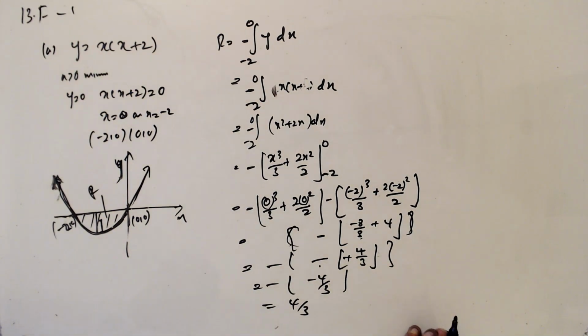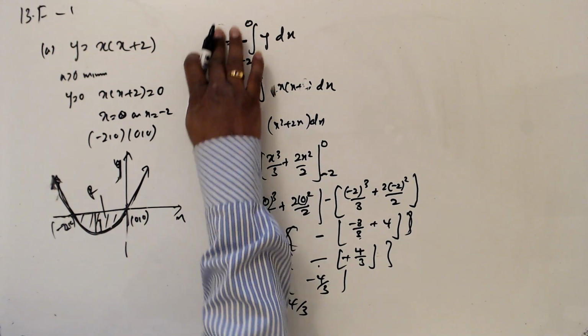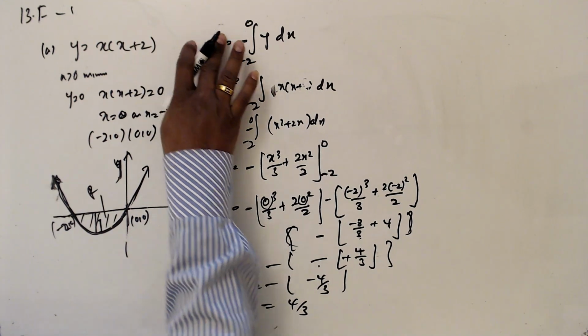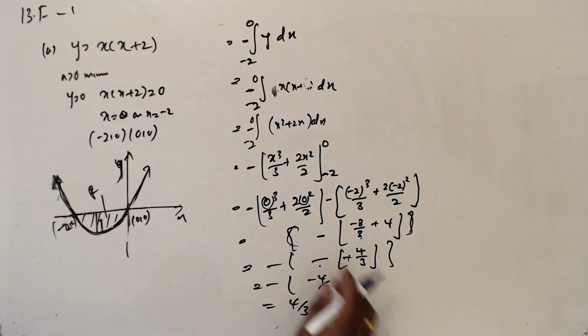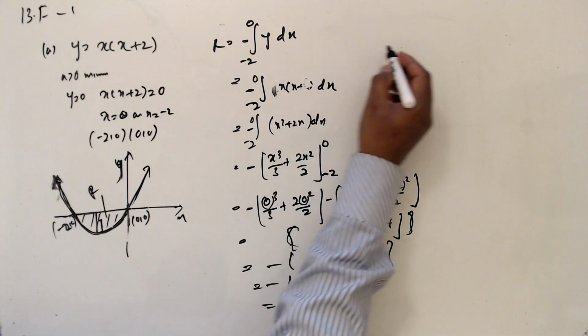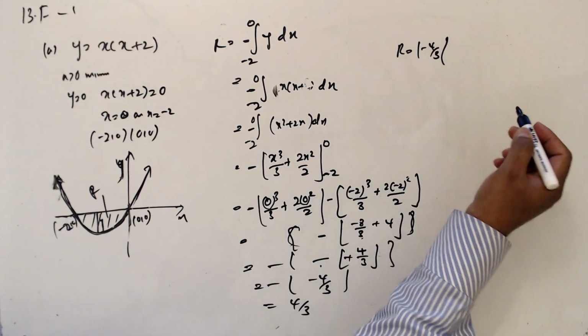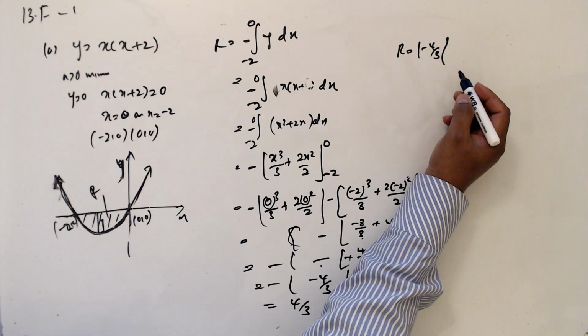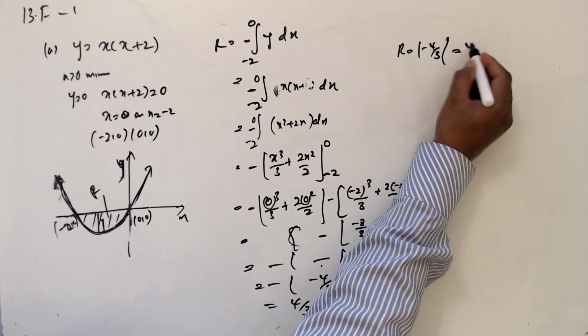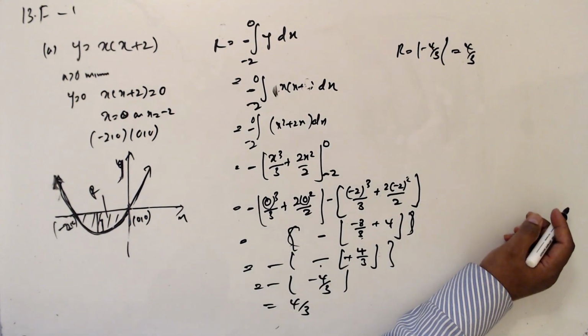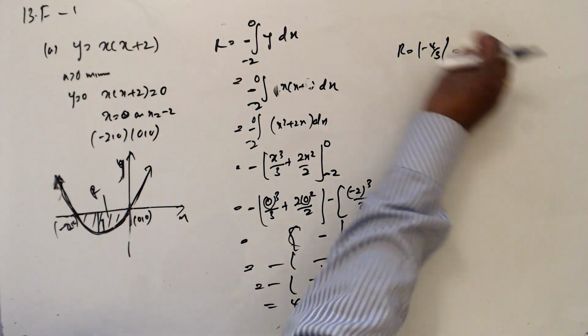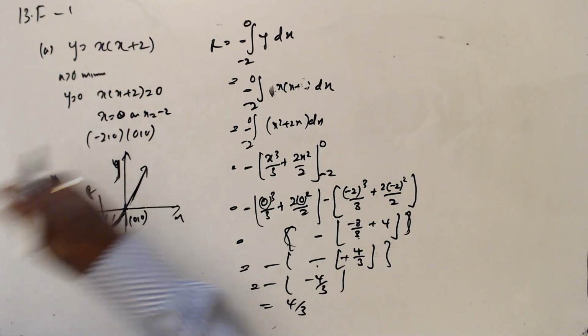Now it's fine. Or without telling this is R, you can simplify, and when you get minus 4 over 3, then you can write R equals the modulus of minus 4 over 3, which is 4 over 3. So that is the second method.